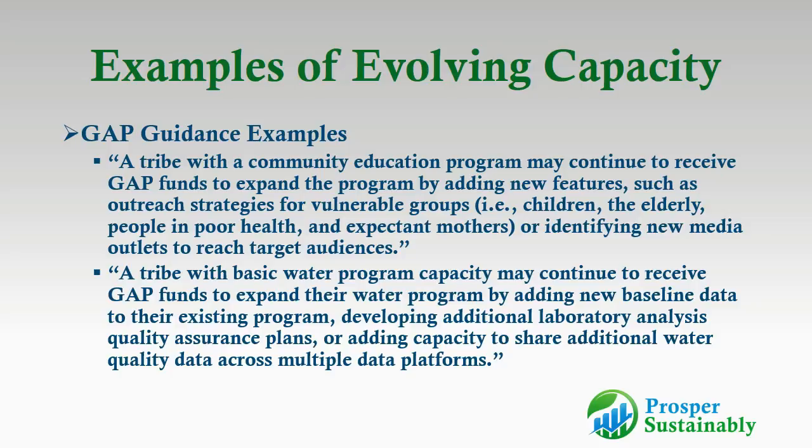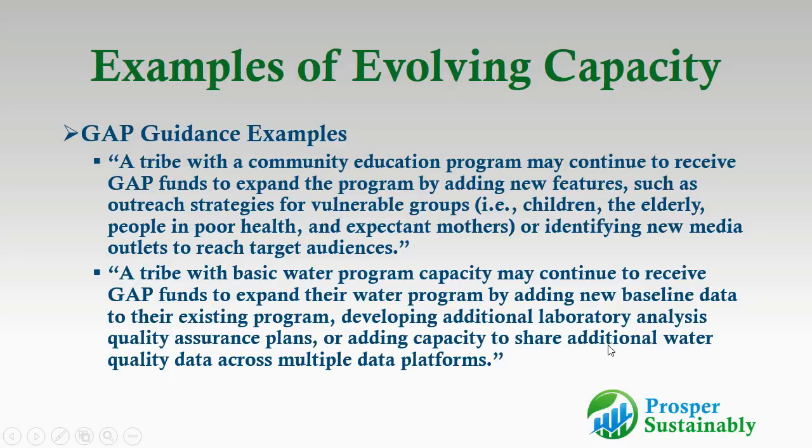Another example, a tribe with basic water program capacity may continue to receive GAP funds to expand their water program by adding new baseline data to their existing program, developing additional laboratory analysis quality assurance plans, or adding capacity to share additional water quality data across multiple platforms.